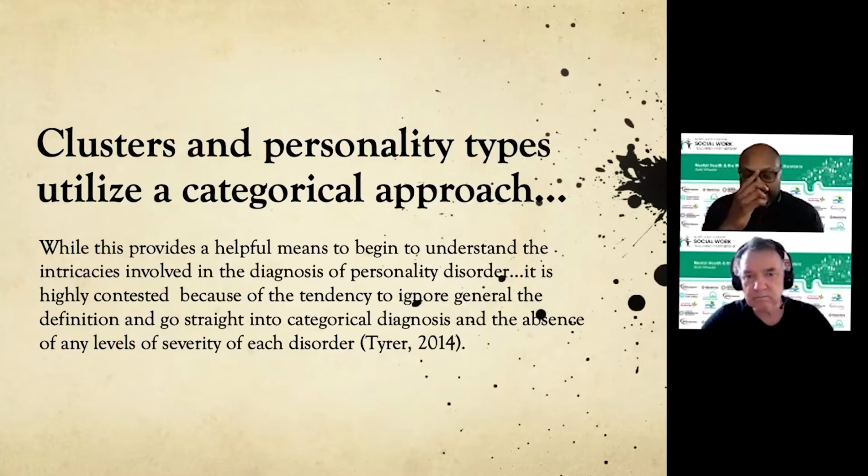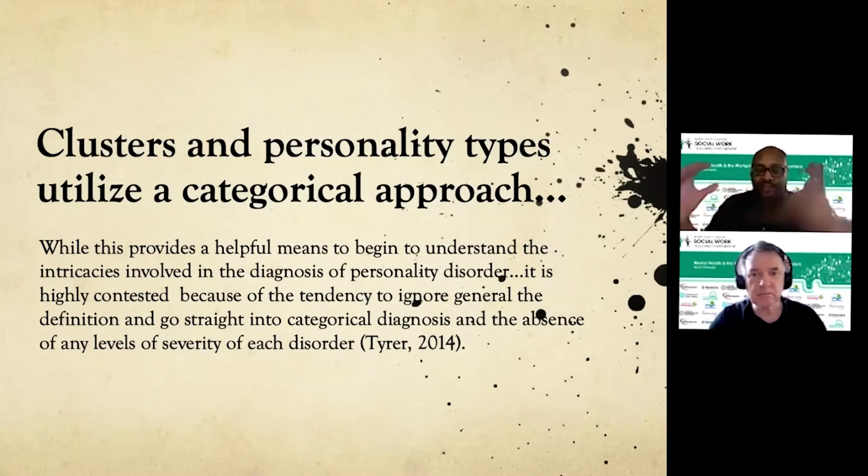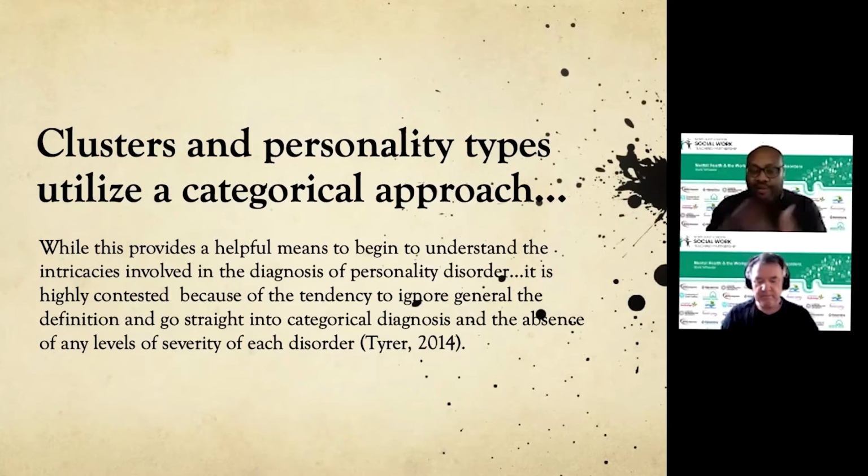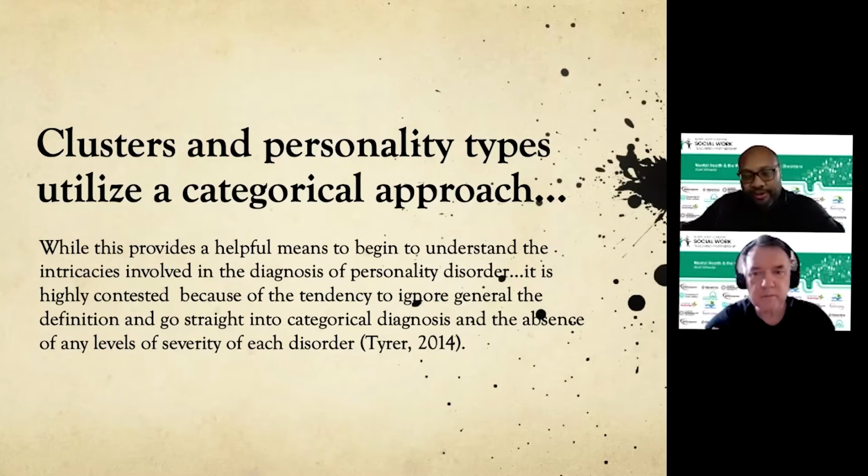So while it's useful to be able to categorize a personality disorder, what this is saying is that it loses touch with the idea that these are problems with relationships and they're problematic for the person, and it just jumps into saying this is what's wrong with the person, this is what's going on. It doesn't look at, okay, these are things that are common. And what that does is it moves people further from the norm and isolates and stigmatizes and can pathologize people to a greater extent.